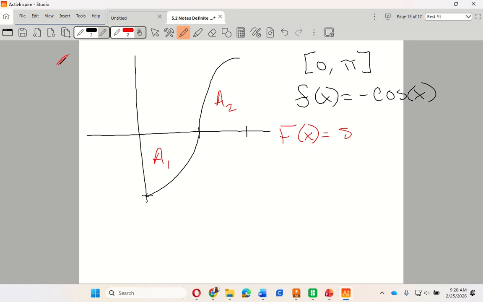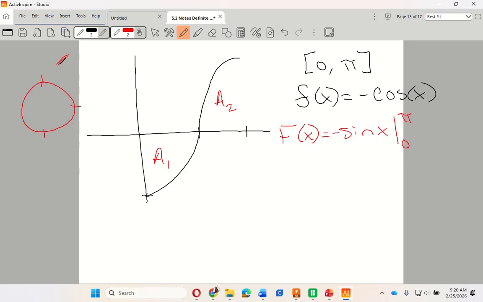Sine of x, and that's going to be from 0 to, it should be negative. Should be negative sign? Yeah, you're right, negative sign. Thank you.